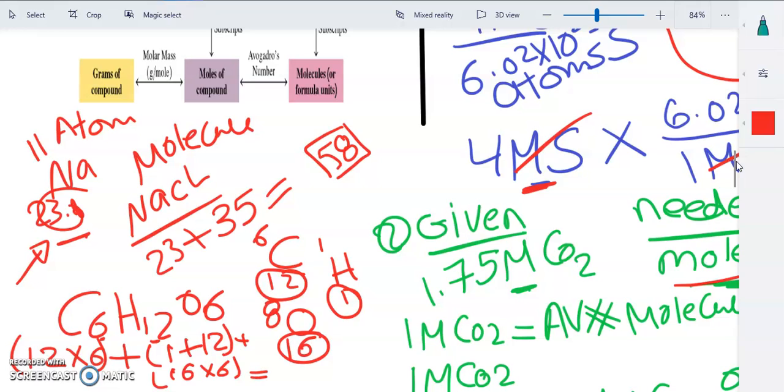Then you add everything together and get the molar mass of glucose.